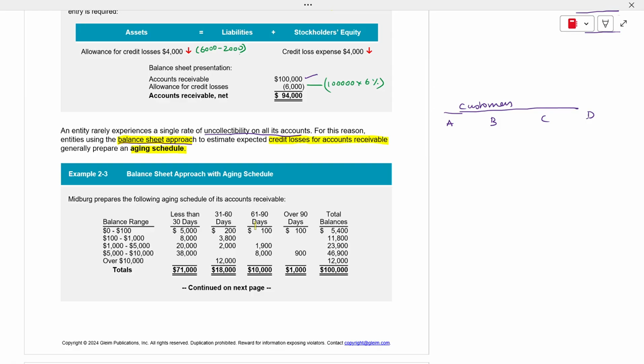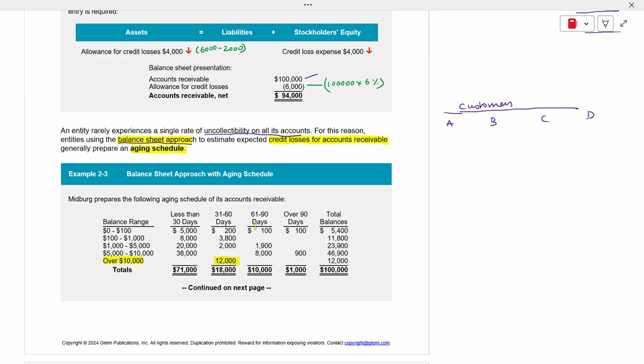Midburg prepares the following aging schedule for its accounts receivable. Over $10,000, and 31 to 60 days is 12,000. The moment you classify it, it makes things very clear. From whom are we not recovering the money?